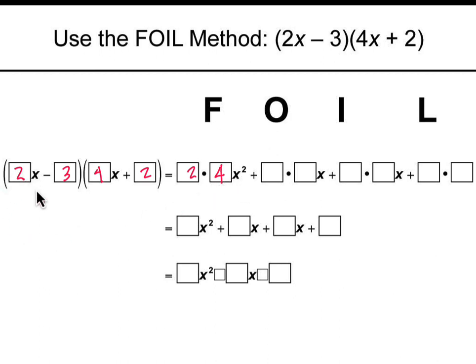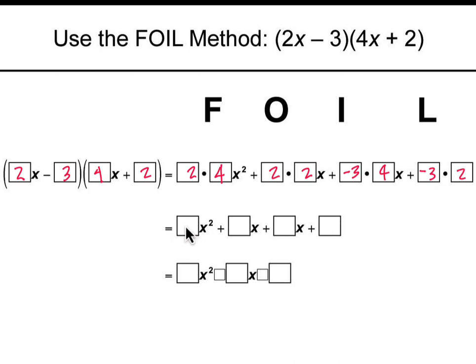The product of the outside terms is 2x times 2. The product of the inside terms is negative 3 times 4x. And the product of the last terms is negative 3 times 2.